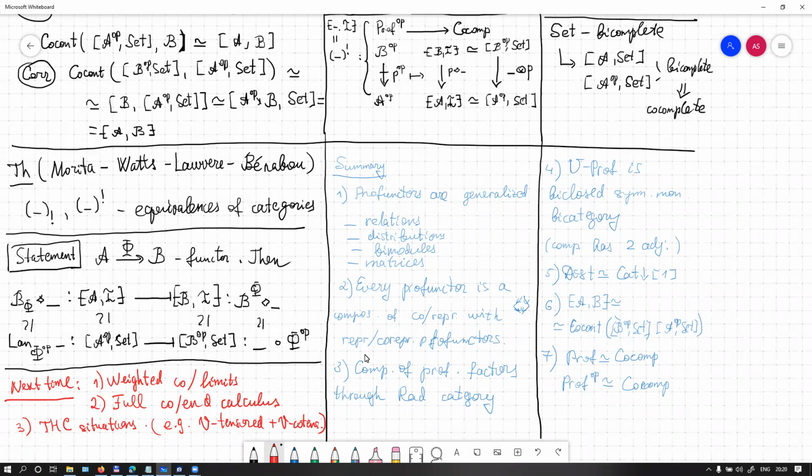This topic about profunctors, I found it very promising, and you can find many more applications and usages of it. I haven't covered even a little part of what exists in the literature. There are many more connections.